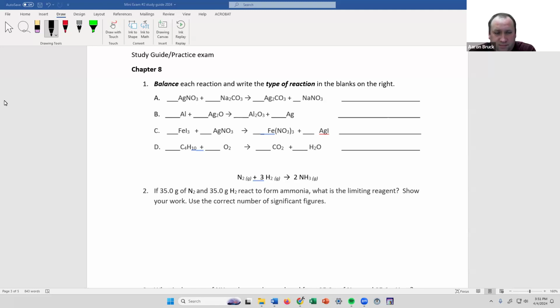So starting here with the first question, Chapter 8, we're looking at balancing equations and determining the type of the reaction. Just as a reminder, I'm going to write over here in a box what the types of reactions are.